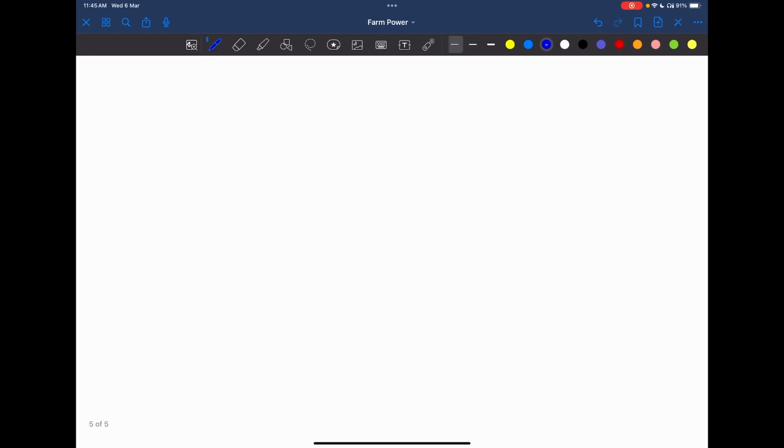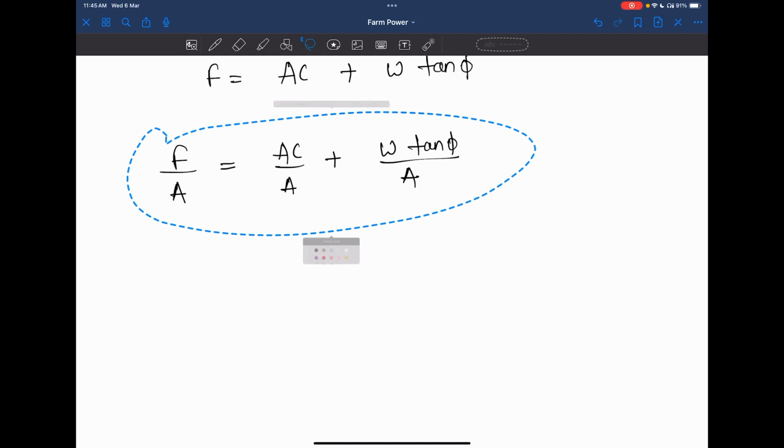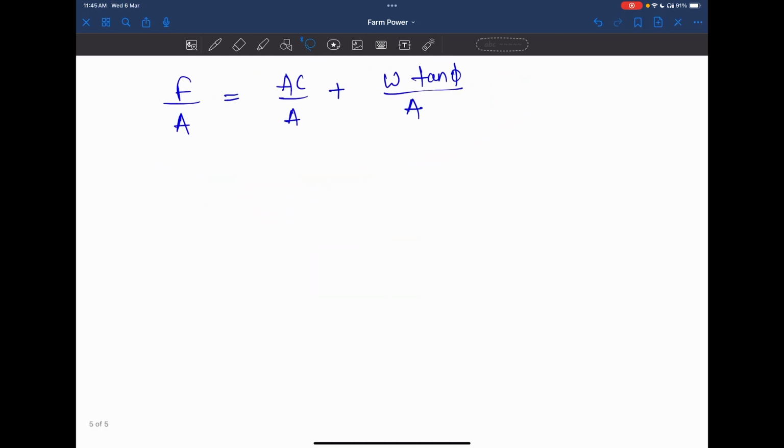The formula F equal to AC plus W tan phi: if we divide both sides of the equation by A, F upon A equals AC upon A plus W tan phi upon A. Then F upon A is nothing but tau, equal to C, since A cancels out, plus W upon A, which is the stress.